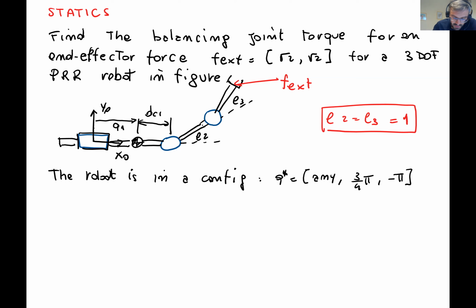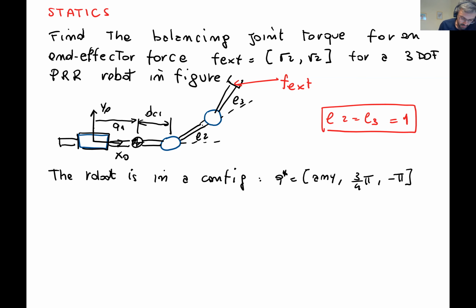It is a 3 degrees of freedom robot, a PRR robot, so a prismatic joint followed by 2 rotational joints. The robot is in a specific configuration: we can set any number for the first joint, 3/4 of pi for the second joint, and minus pi for the third joint.